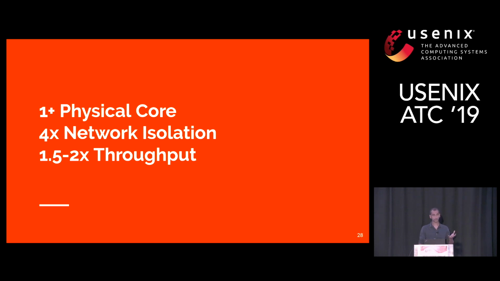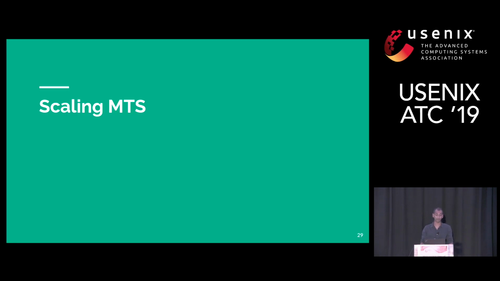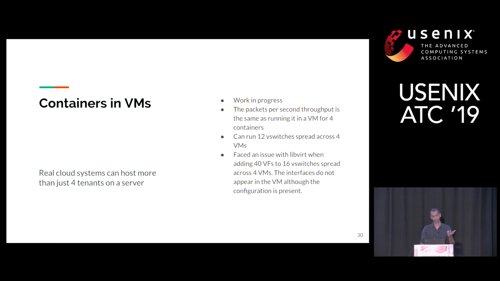This was just running 4 vSwitch VMs, but in a real cloud, we'd probably want to run many more vSwitches. So we started playing around with running vSwitch containers in these VMs. So far, we've been able to successfully run 12 vSwitches spread across 4 VMs.